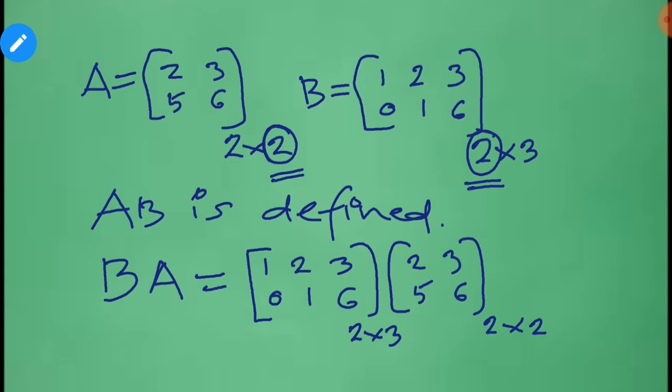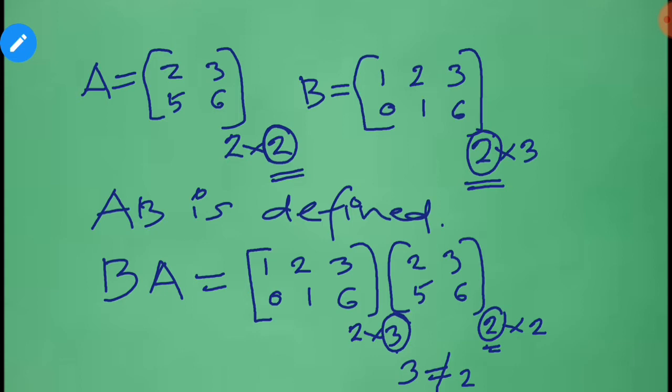The number of columns of B, that is 3, is not equal to the number of rows of A, that is 2.